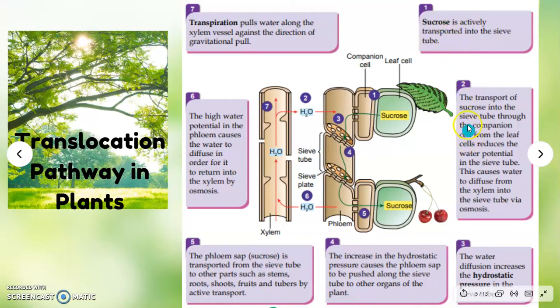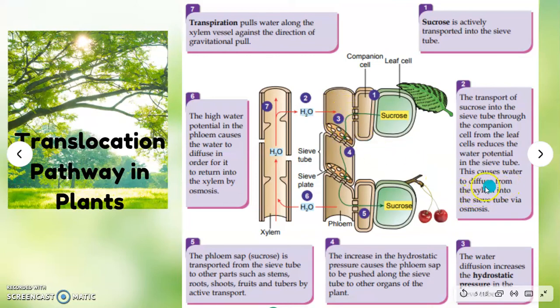Then number 2, the transport of sucrose into the sieve tube through the companion cell from the leaf cell reduces the water potential in the sieve tube. Please understand here, when the sucrose enters the companion cell and the sieve tube, it will cause a high concentration of sucrose here, and automatically a low water potential.